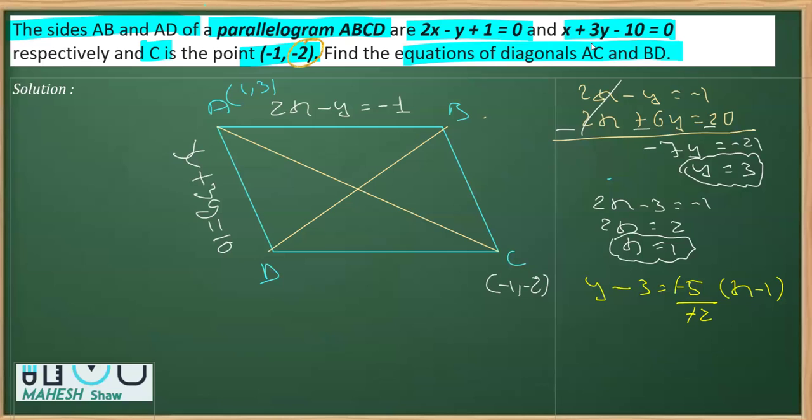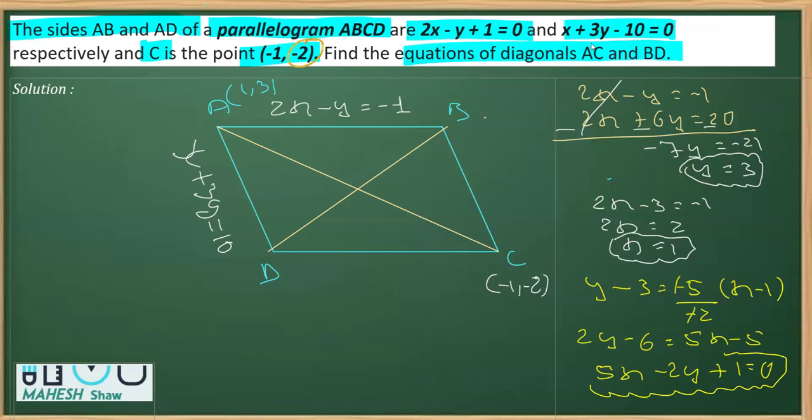So this minus gets cancelled by cross multiplication. This is 2y minus 6 is equal to 5x minus 5. So on transposing, we get 5x minus 2y, and minus 6 on the other side will give you plus 1. So 5x minus 2y plus 1 equals 0.